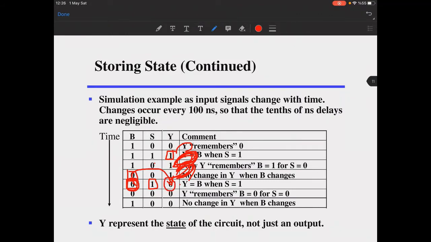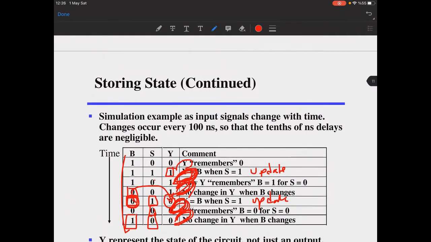Okay, now this is again an update. Let's mark them. Update. And this is also update. Now again s is 0, and it's remembering that 0 right here. And no matter how much you change b here, it's in remember state and it's still remembering. So y represents the state of the circuit now.